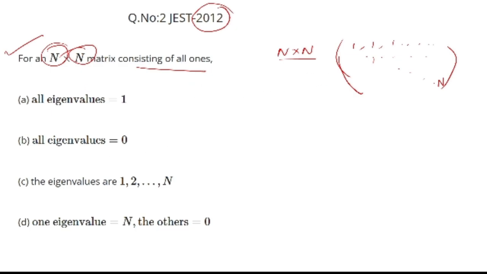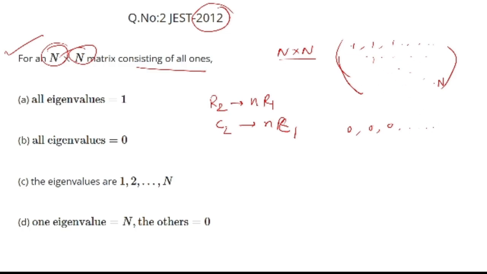We know an important property of matrices: if two rows or two columns are related or the same, like r2 is some integer multiple of r1, or c2 some integer multiple of c1, or any rows or columns are interrelated in this way, then all eigenvalues are 0 except one, and that one eigenvalue is the trace of that matrix.